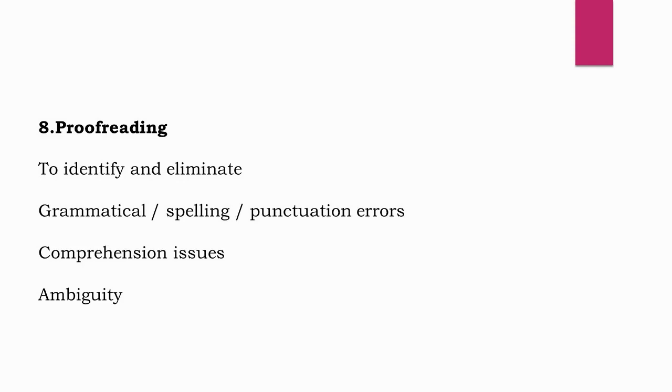It can also help us find comprehension issues, if any. And we could also have ambiguity in our work. So it's important that we have our work proofread so that we can eliminate all these problems and the reader is able to understand everything well.